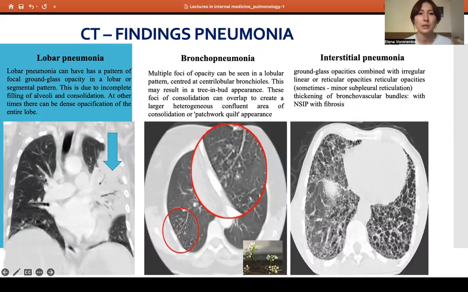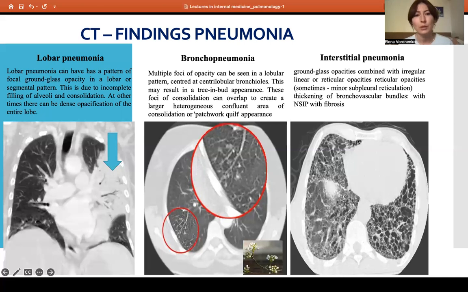CT findings, pneumonia. Lobar pneumonia can have a pattern of focal ground glass opacity in a lobar or segmental pattern. This is due to incomplete filling of alveoli and consolidation. At other times, there can be dense opacification of the entire lobe.